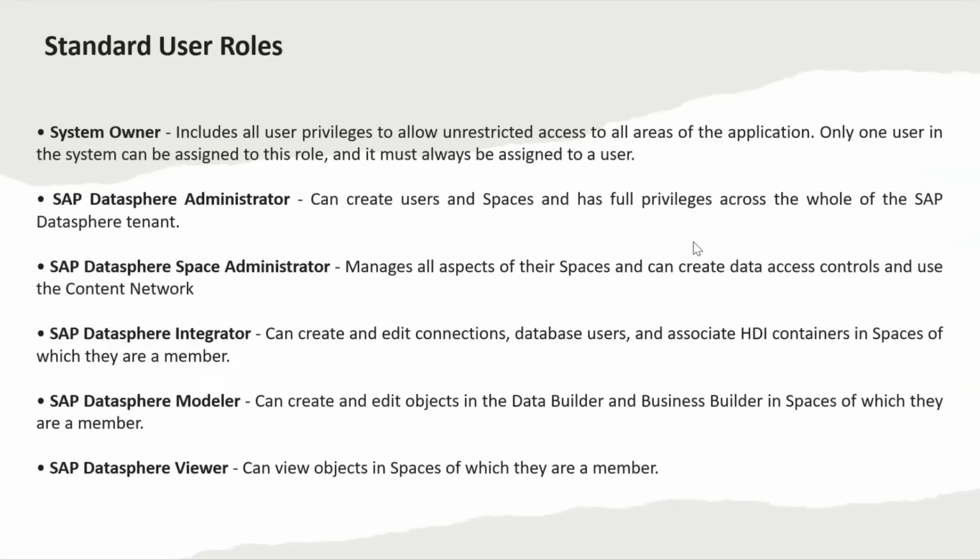Because let's suppose something got expired, some license got expired which was used during the cloud connector or single sign-on configuration, and now it is not allowing access. Then only the system owner will be able to access a specific link that SAP provides in a note and also in the document.